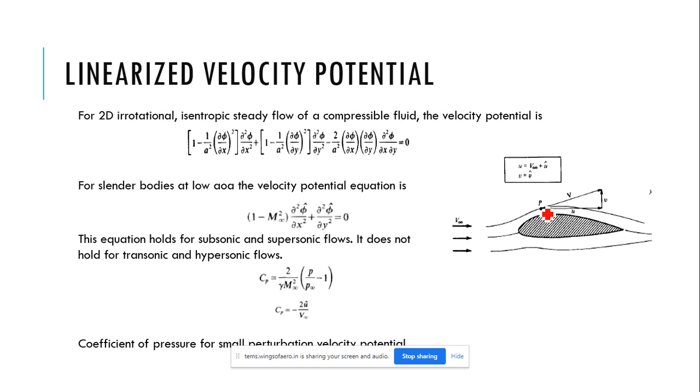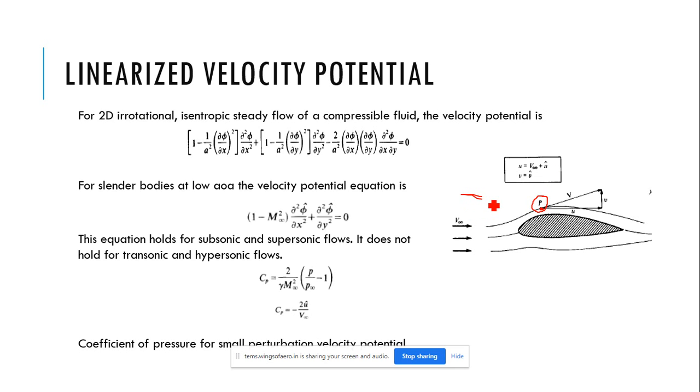When we pick some point over the surface of the airfoil, this is the point which we are picking. And now when we see the relative velocity over that flow, we can see there is some small increment in its velocity because of the perturbation. The increment in velocity over this flow is called the perturbation.